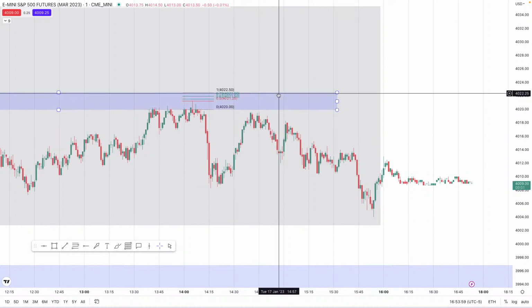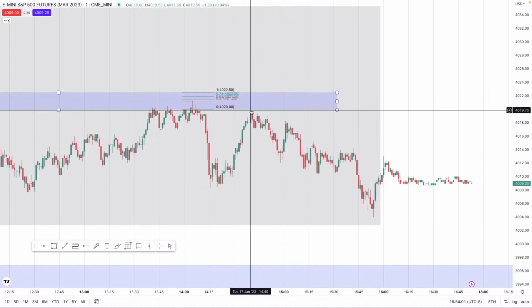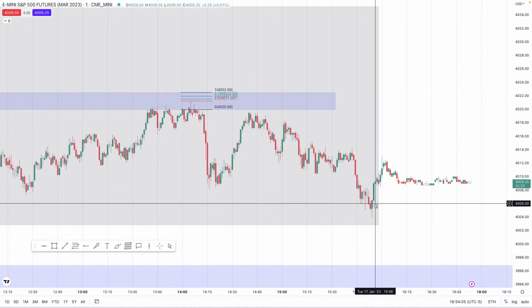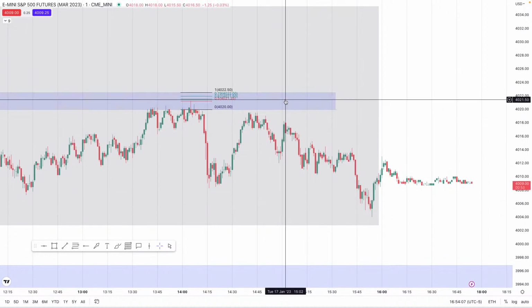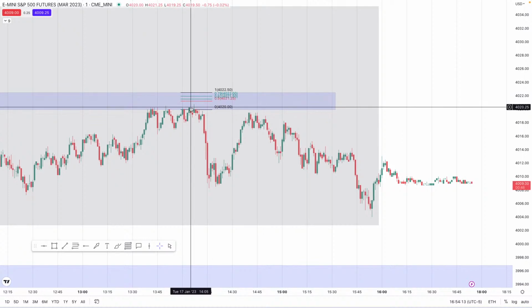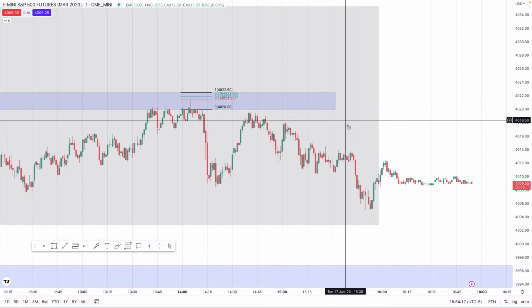And who knows, it could have come back up in here and filled this, done some moves up in here and then come back down. But I think because it hit the mean, the high probability was that it wasn't going to come up above this high at 2:05, which was 40.2125.